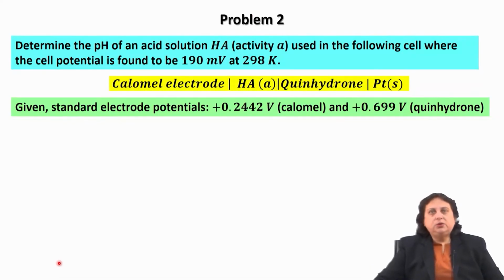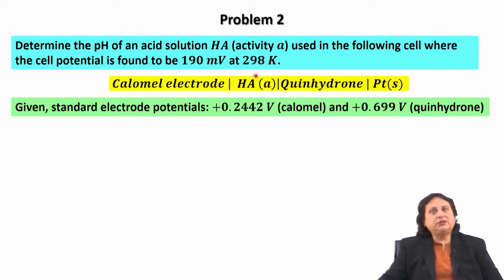So, let us have a look at a second problem, where instead of using the hazardous gas electrode, we are using two well known standard electrodes. First of all, one is known as the calomel electrode, and the second one is known as the quinhydrone electrode.